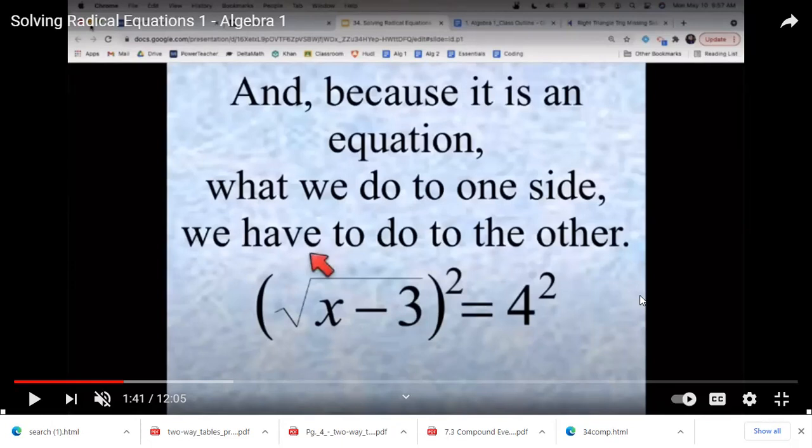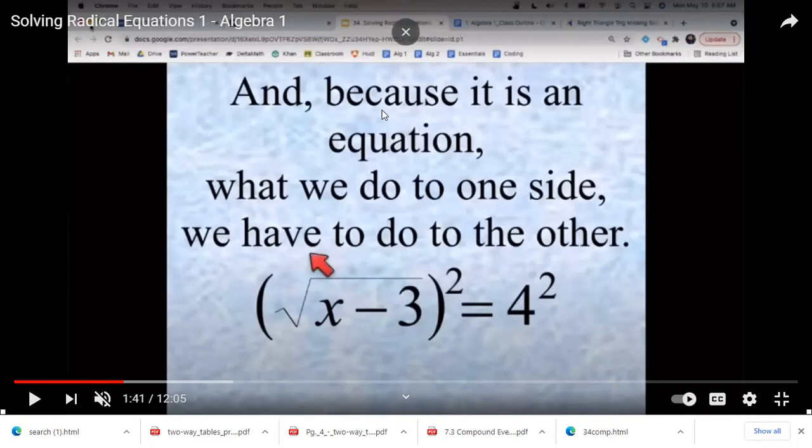What if it was a cubic root? What do we have to do? Power of 3. Thank you. And as I said, we have to work with both sides. Now, power 2 will remove the radical sign. Why?